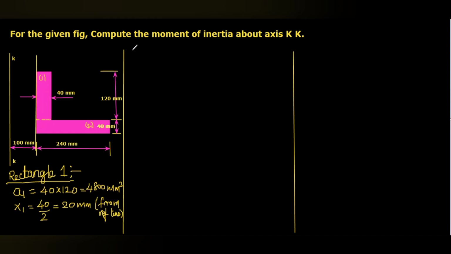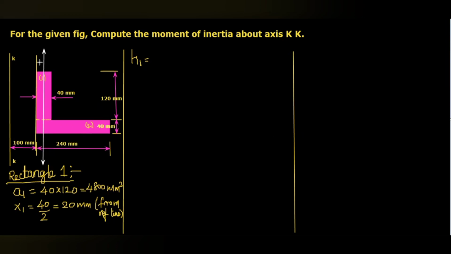But the H1, that is the distance between KK and the axis that passes through the center of gravity, here we are going to consider. That means here you can see the center of gravity 20 mm means it will be here. So this parallel axis to the KK that passes through CG1 will be this one. Do you understand?